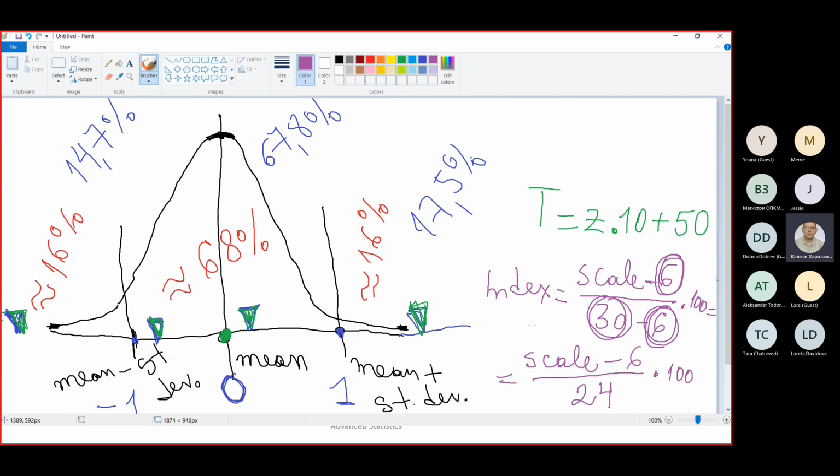And this is a problem because in social sciences, when we speak about norm, and when we use this word normal, this means normal compared to reference group.